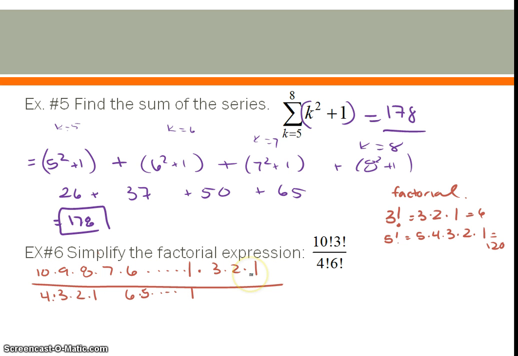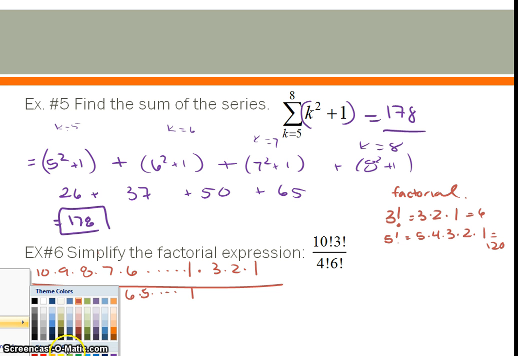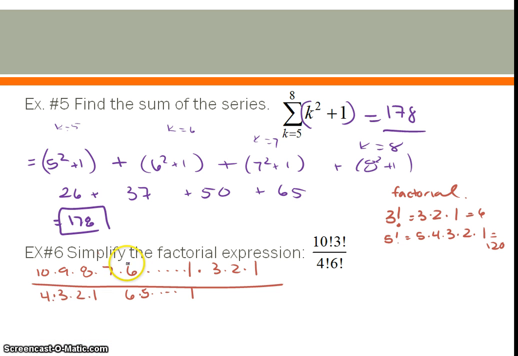And since all these numbers are just being multiplied, you can cancel. So showing what cancels off. Remember 10 factorial had this 6 all the way down to 1, which is 6 factorial, 6, 5, 4, 3, 2, 1. And on the bottom we had 6 factorial, which was 6, 5, 4, 3, 2, 1.